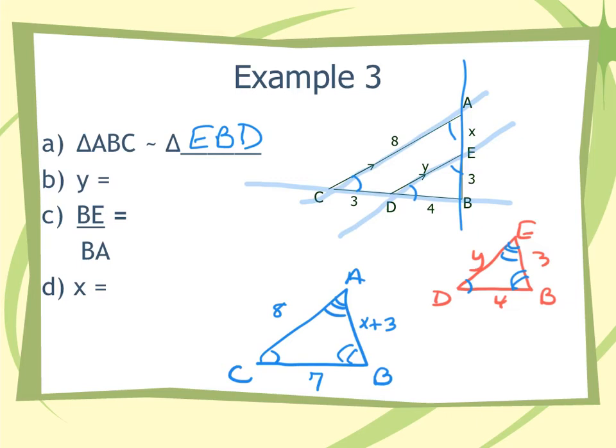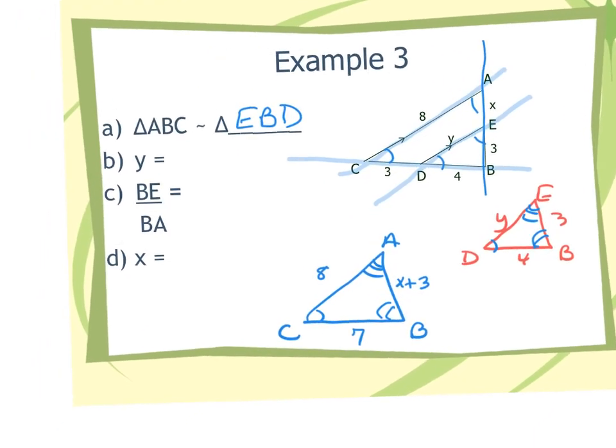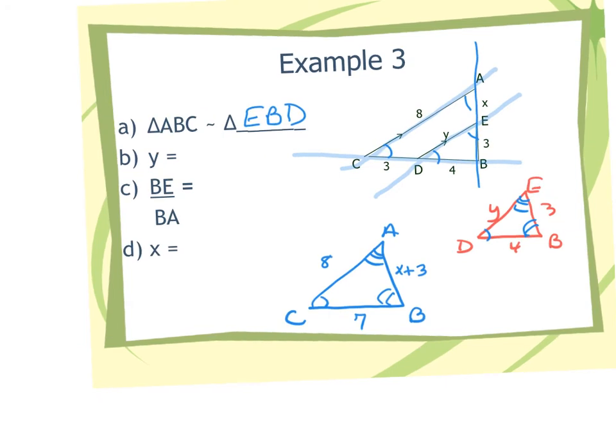So now, let's find the value of y. We need to set up a proportion. So notice y is right here. I also need to find a complete ratio. My complete ratio is going to be using the 7 and the 4.